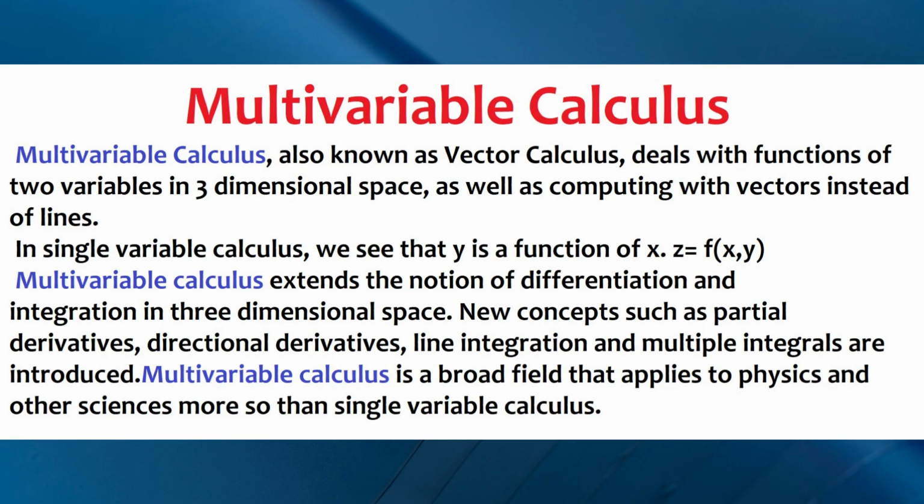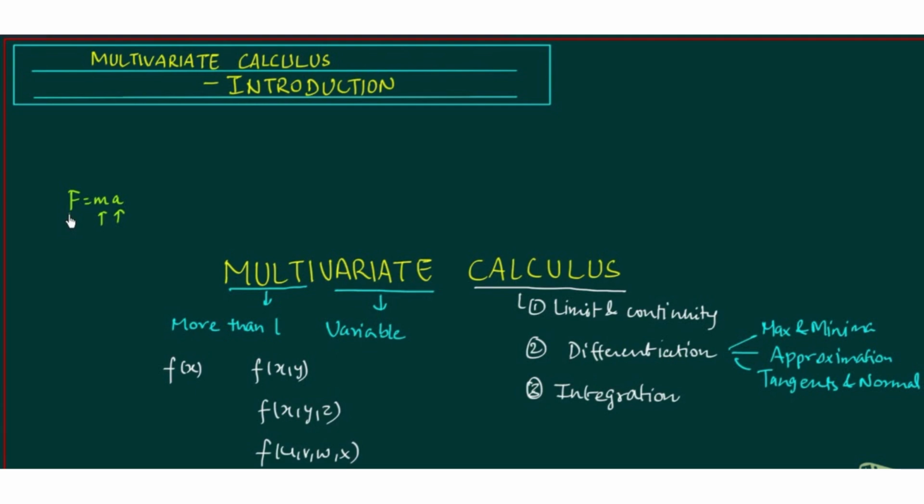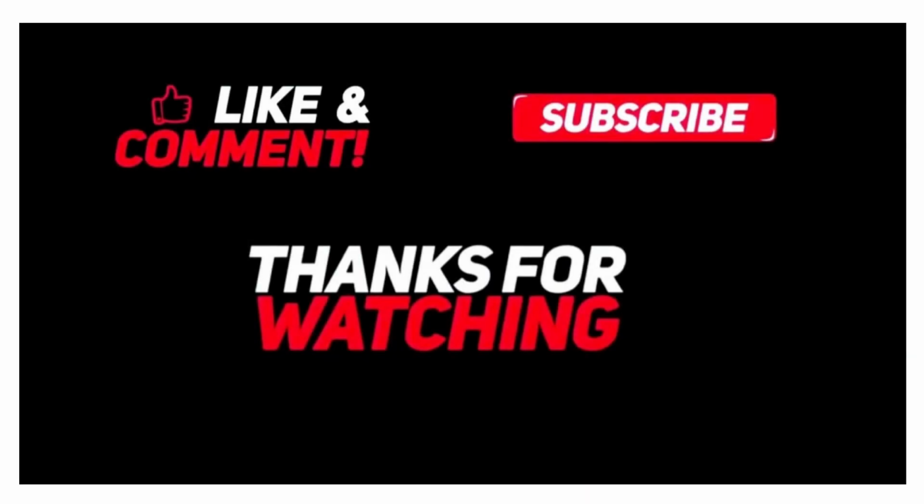In multivariable calculus, to find a partial derivative, first take the derivative of the appropriate variable while holding the other variables as constant. It majorly deals with three-dimensional objects or higher dimensions. The typical operations involved in multivariable calculus are limits and continuity, partial differentiation, and multiple integration.